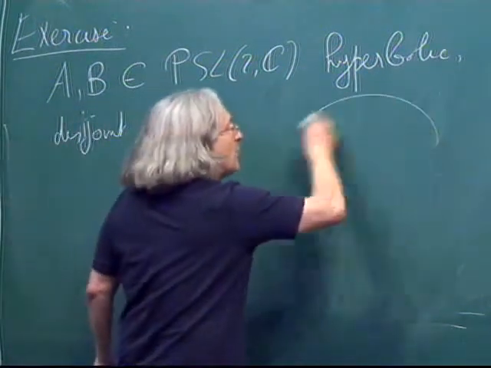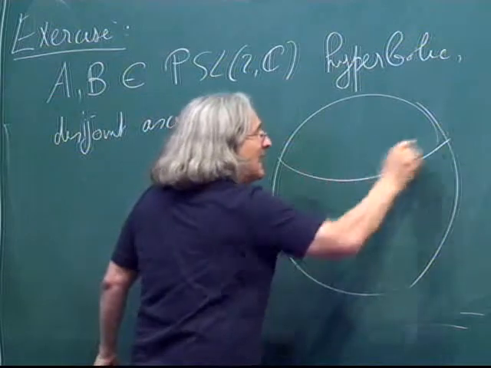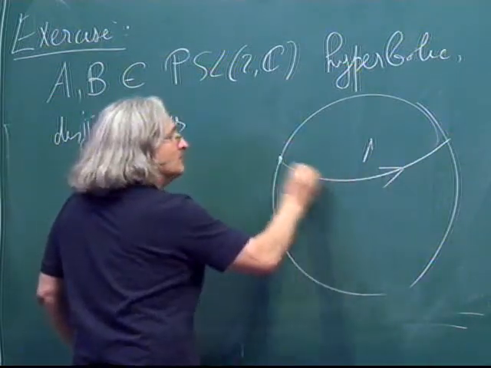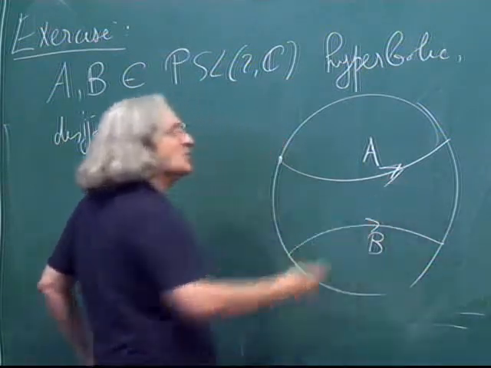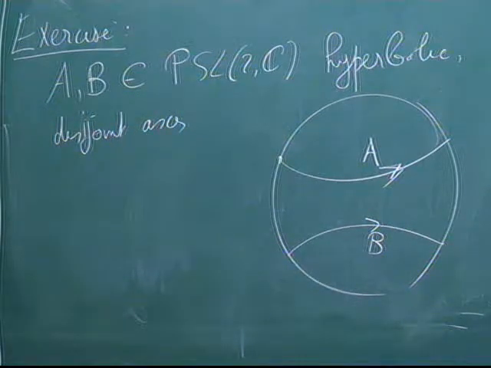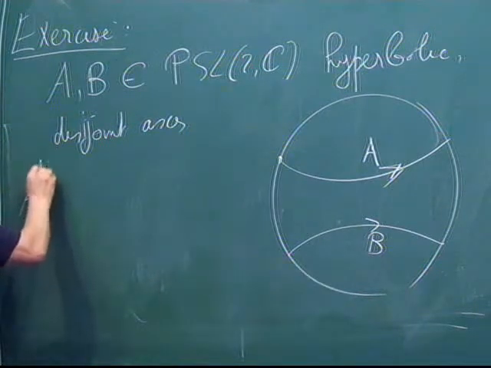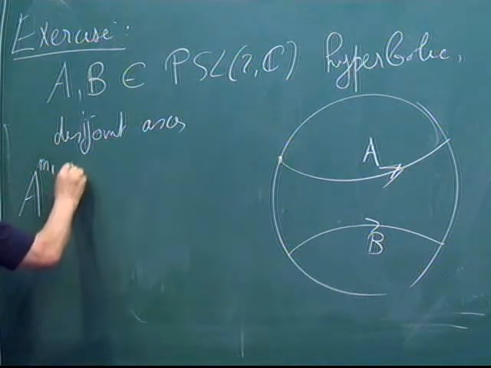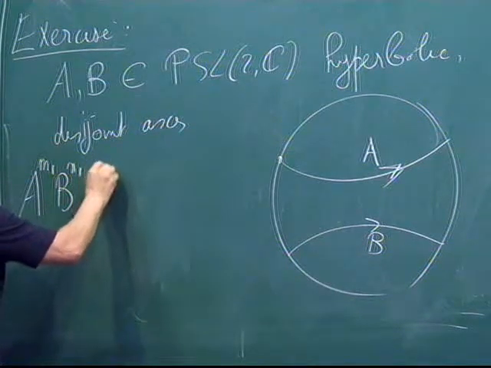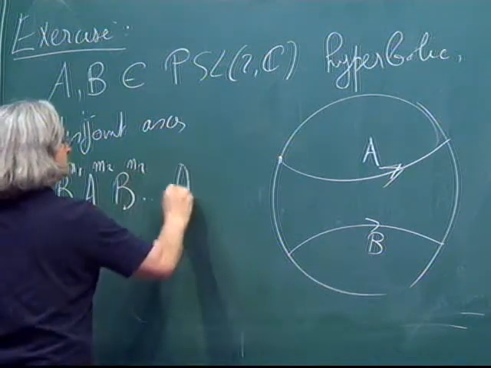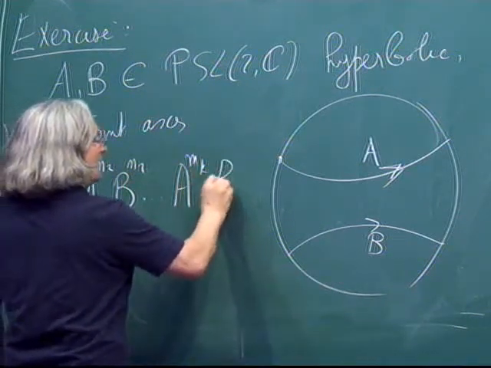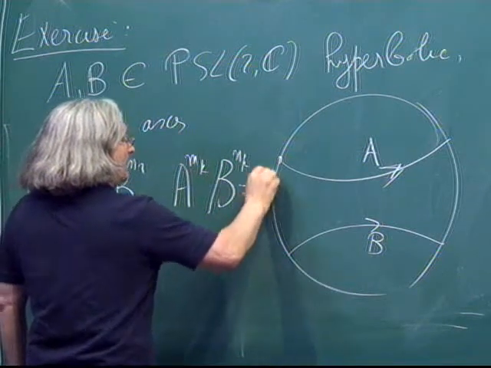So we are on the hyperbolic ball. A is a hyperbolic element, and B is some other hyperbolic element, and you assume that the axes do not intersect. Assume that some relation happens between A and B. Assume that.